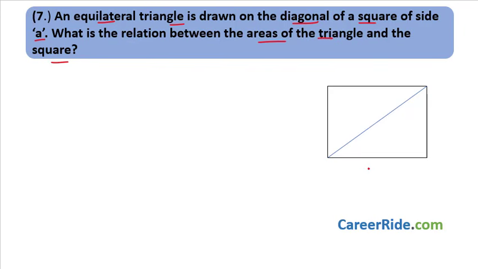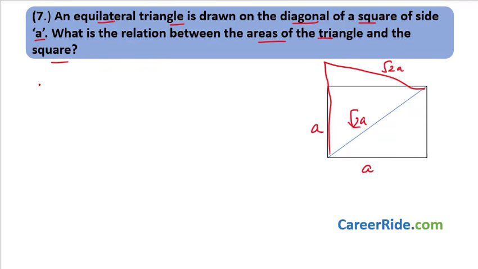So we are given a square here with side a, and we know that the diagonal of a square is root 2a. This we can compute by Pythagoras theorem also, and otherwise also we know that. Now if an equilateral triangle is drawn using this diagonal as the base, it will be something like this, for example, and its one side is root 2a, so the other sides will also be root 2a, right?